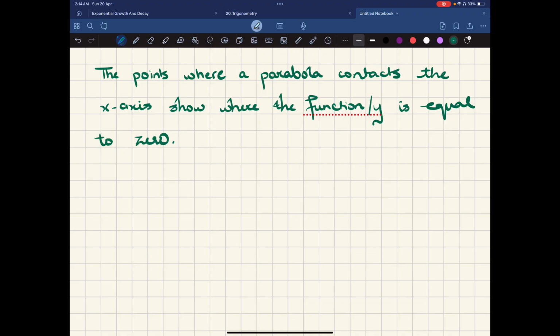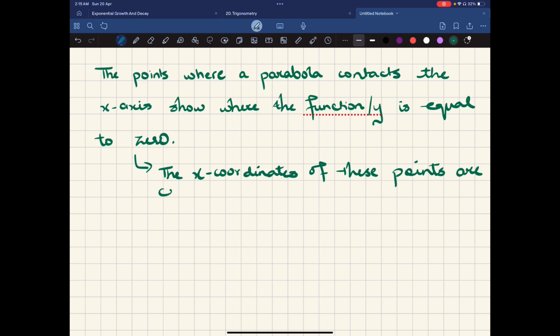Okay, and the x coordinates of these points are called the roots of the function.